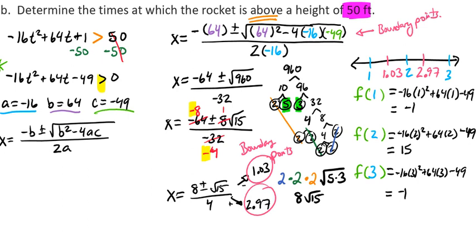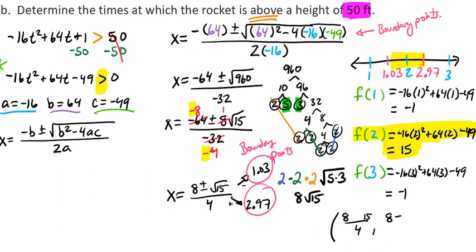And remember that we're looking for where are we greater than or equal to 0, which means it only happens right here at 2. So it happens between our 2 boundary points. So that means that our solution set is going to be approximately 8 plus radical 15 over 4. And 8 minus, or I guess technically the minus would come first because it's the smaller number.